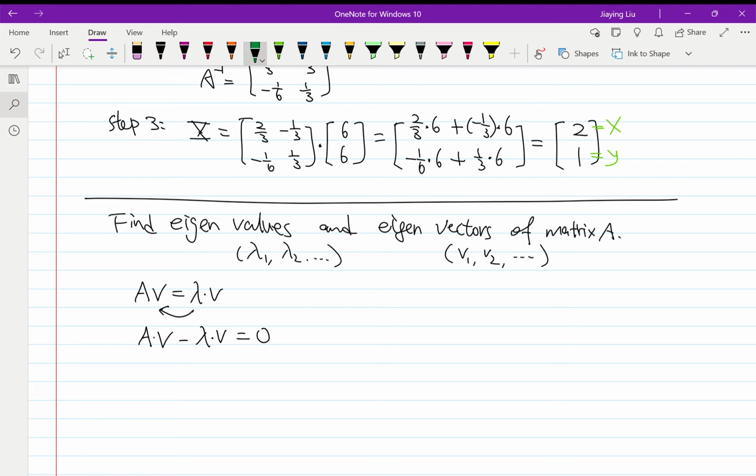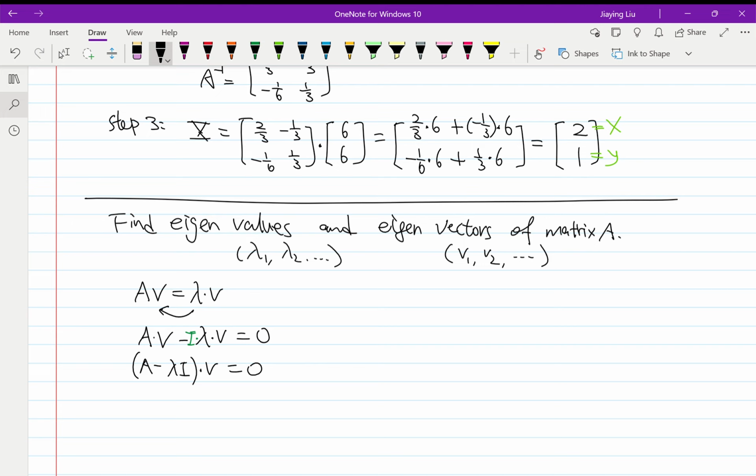But what we could do is add an identity matrix to that second term, because identity times v is still v. You can think about this identity coming from the vector v there. And now we can pull out the vector v, so that's A minus lambda I times v equals 0.